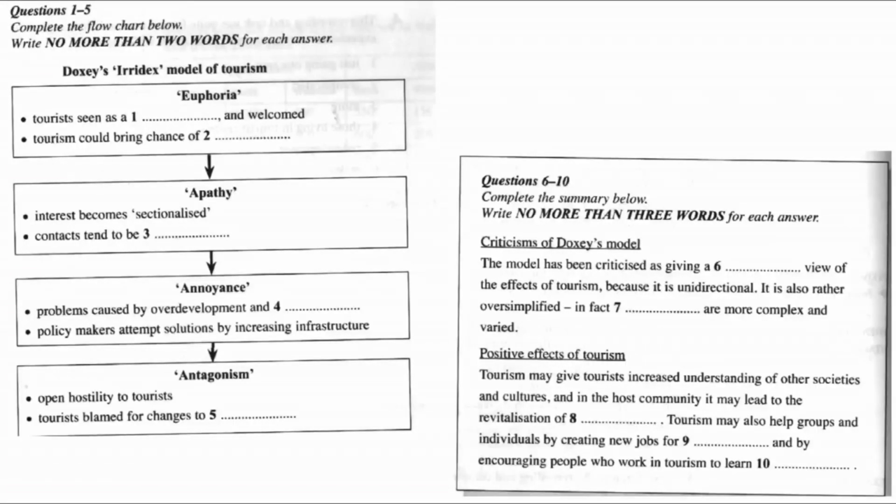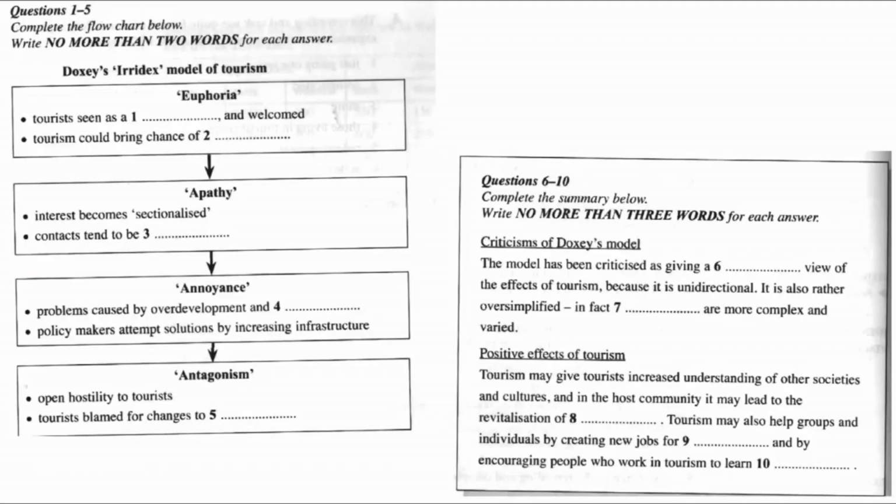If development continues to increase, apathy may change to annoyance. What's causing this? Well, development of the tourist area may start to spiral up out of control, and this is often accompanied by congestion, which is going to make life difficult for local people. So the policymakers, the government, the local authorities and so on, provide more infrastructure for the area, more roads, more car parks and so on, to try to help cope with the influx of tourists.